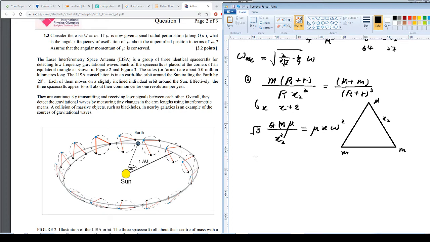So let's rewrite this slightly, getting rid of the mu, and also maybe group everything over here.